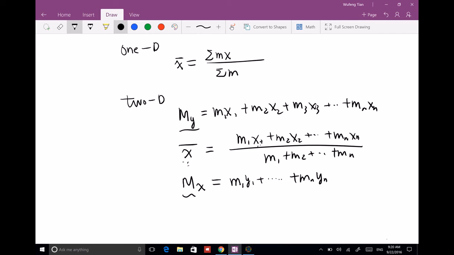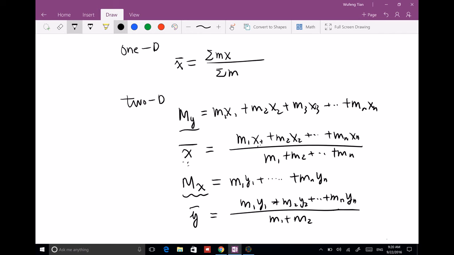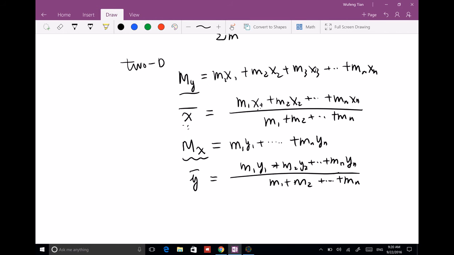So the center of y is also m1 y1 plus m2 y2 plus, and so on. This is for the discrete case, or point mass. Okay, two-dimensional, we also have the continuous case.